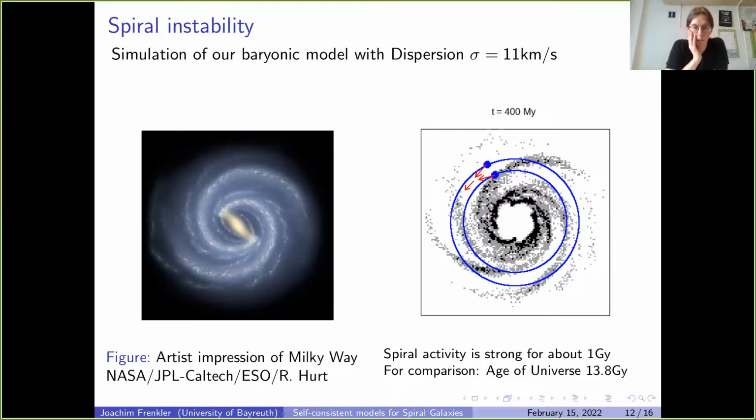This I have not modeled in this model, so I have not included such collisions. So it's not surprising that the spiral activity vanishes. And this dissipative process is said to be responsible that the dispersion in the Milky Way is everywhere at a low value of about 10 kilometers per second.